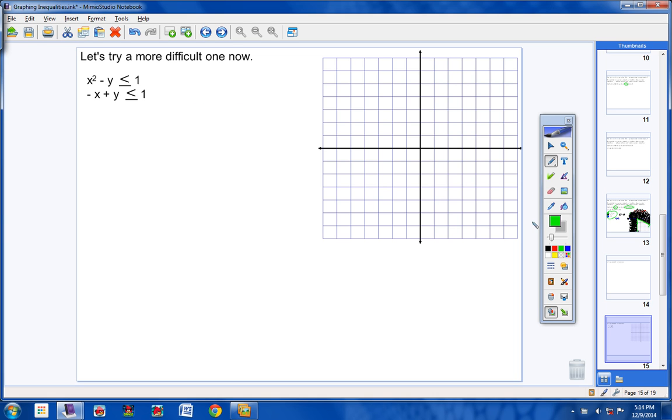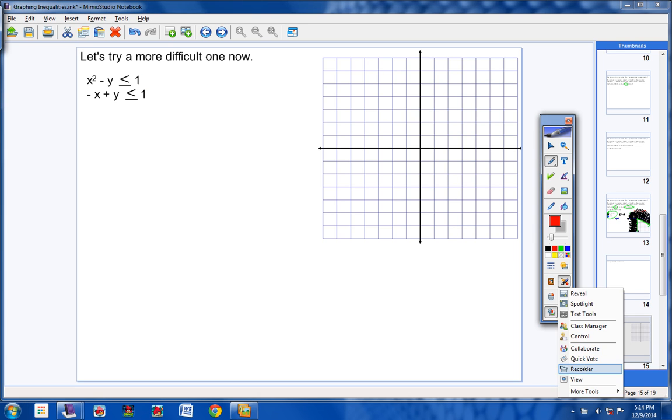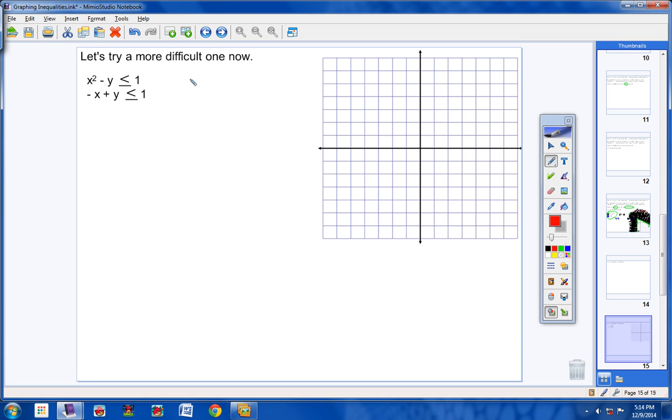Okay, students, here we go. Now, for your first equation here, I'm going to go ahead and rewrite it with an equal sign. So here we go. X squared minus y equals 1. Now, students, please pay attention.